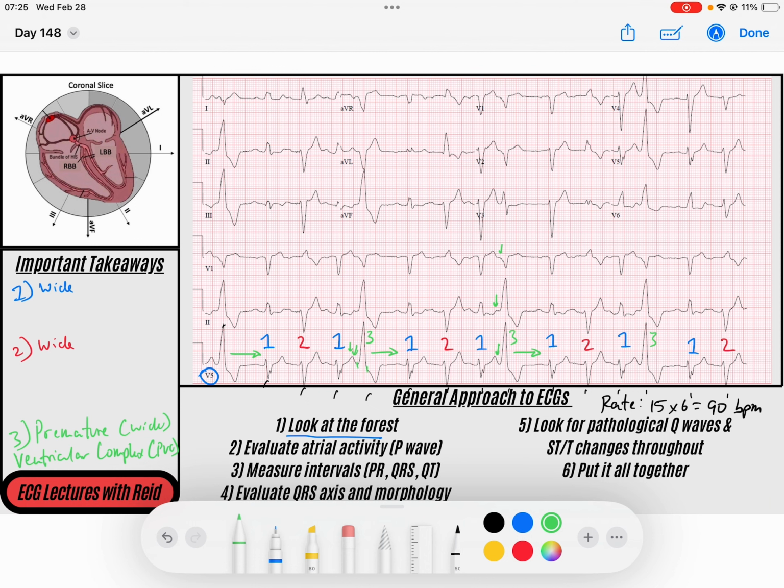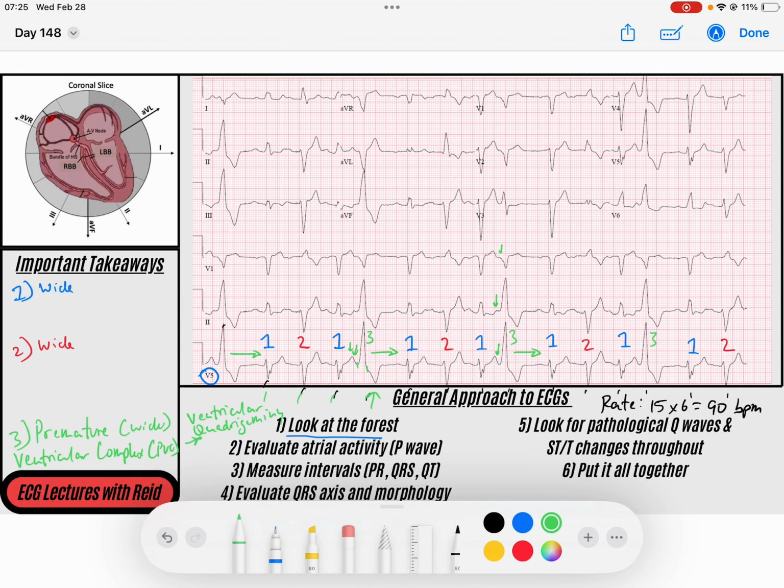We have 1, 2, 1, 3 PVC. It's happening every 4th beat, and we would call that ventricular quadrigeminy. That just says that we're having a PVC every 4th beat.